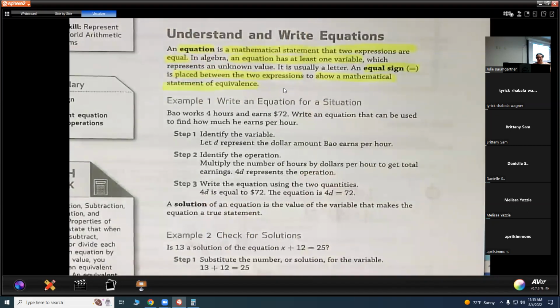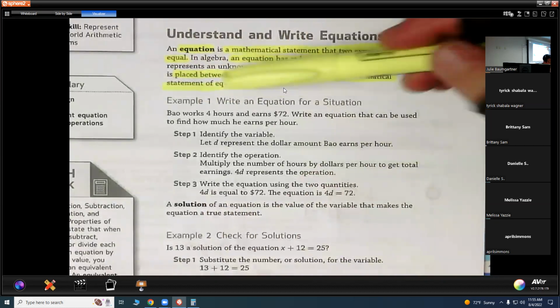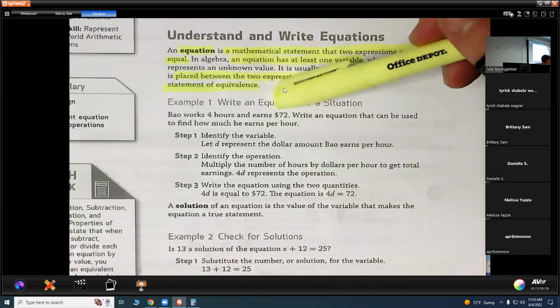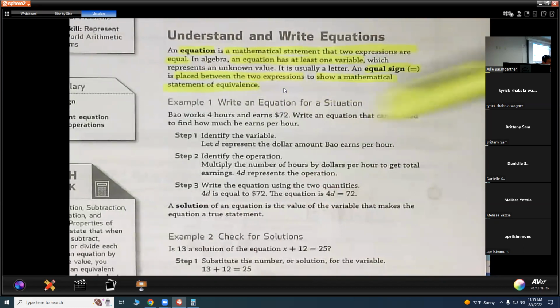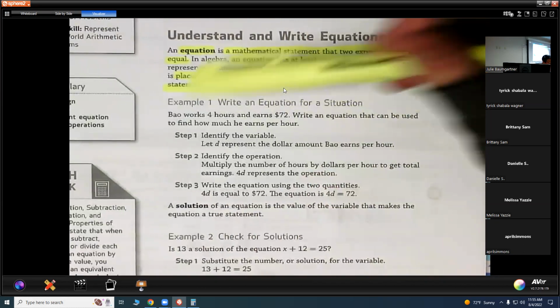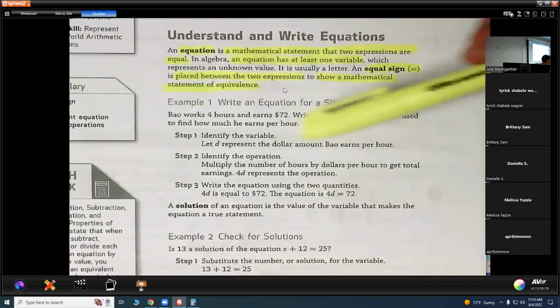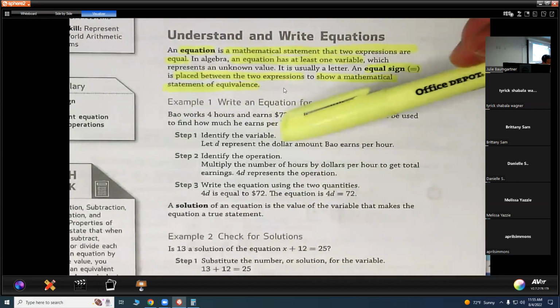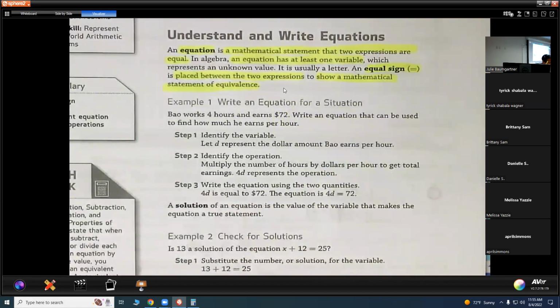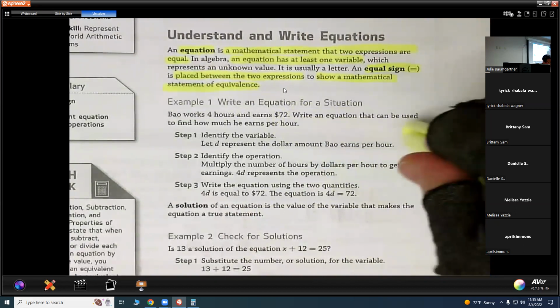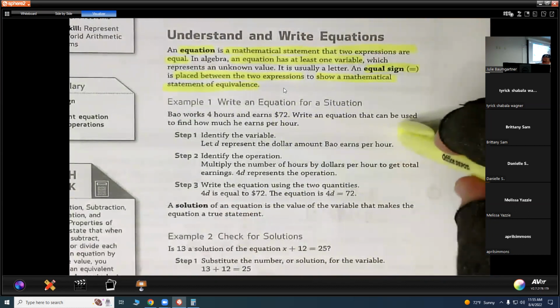All right, so then what does this look like? Well, Bao works 4 hours and earns $72. Write an equation that can be used to find out how much he earns per hour. Our first step is always to identify the variable. What don't we know? We don't know his hourly rate.